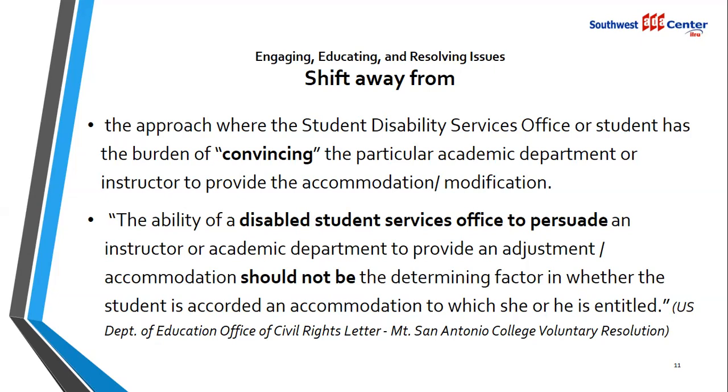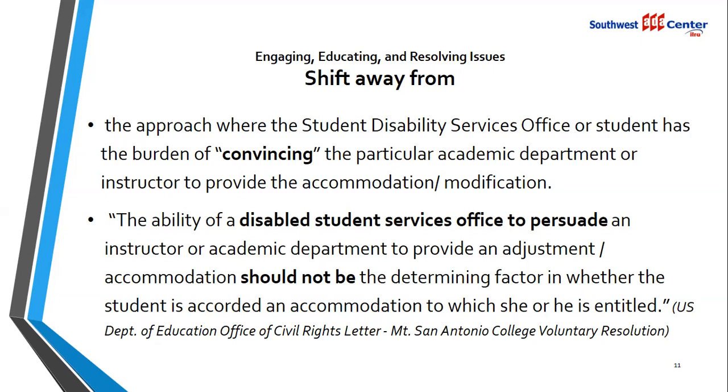What OCR says is that a college or university should shift away from the approach where the Student Disability Services Office or student has the burden of convincing the particular academic department or instructor to provide the accommodation or modification.